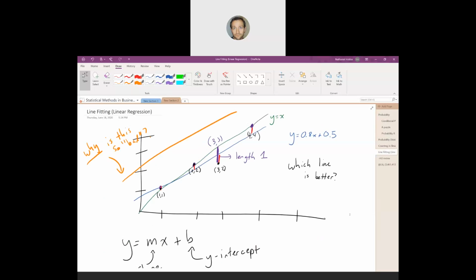So the abstract idea is that you have points, here being circles in black. Here there's 4 points. There's a point at 1, 1. There's a point at 2, 2. There's a point at 3, 2. And there's a point at 4, 4.